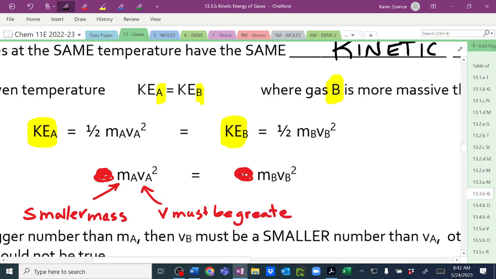If B has a greater mass, its velocity must be smaller.